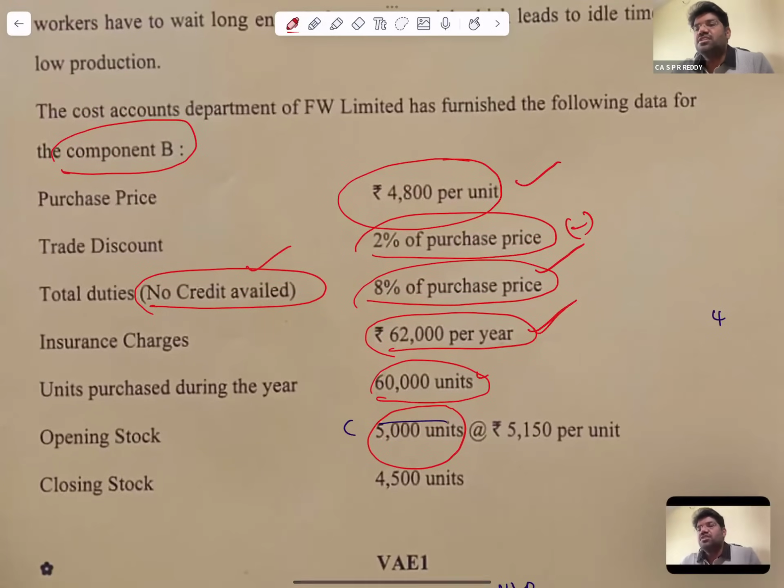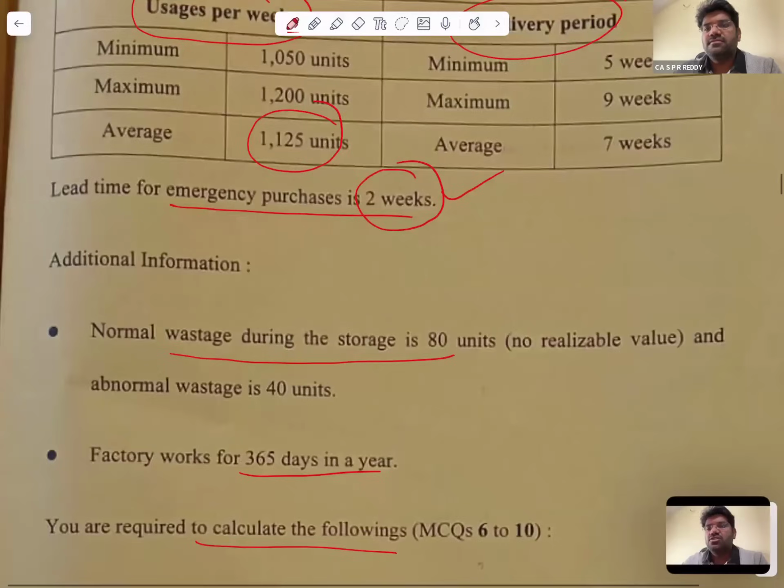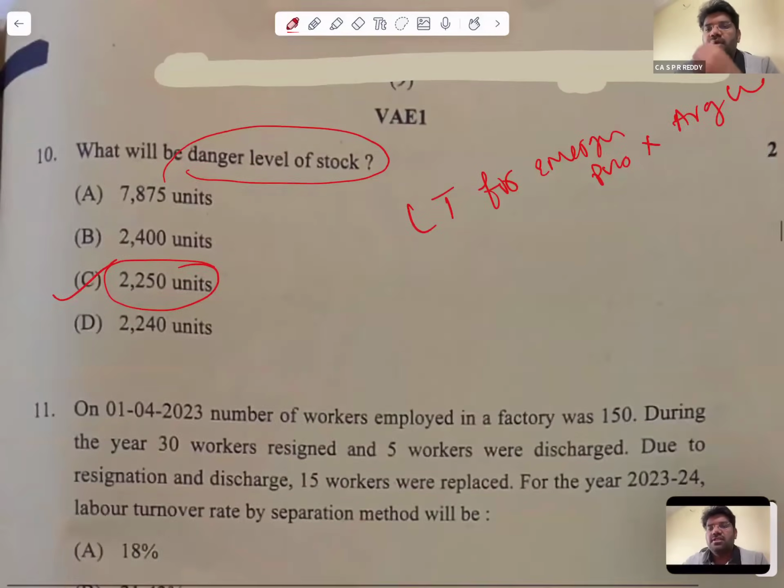What is the reason why insurance charges are not considered? These are not transit insurance. Only transit insurance can be included in the cost of raw material, not the storage insurance. So while calculating the purchase cost per unit, you can only consider transit insurance, not the storage.